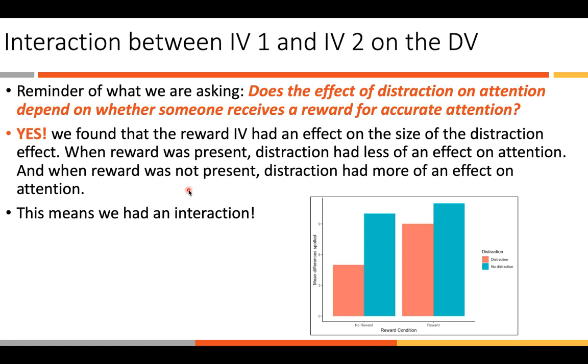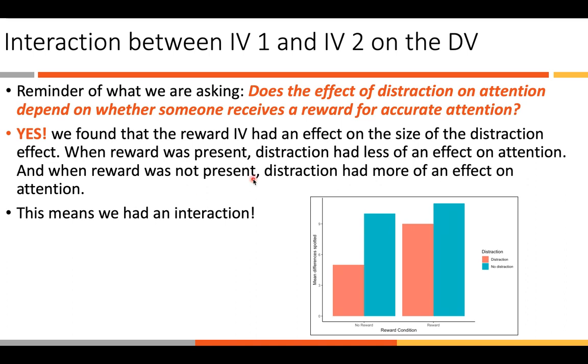Complicated is good, though, if it helps us see something that was there that we otherwise would not have seen, right? This effect emerges that we otherwise would not have been able to find. So we're going to spend some time here talking about interactions, and we're going to spend some time really breaking down how to interpret them in a later section. I believe section 3, the next section.